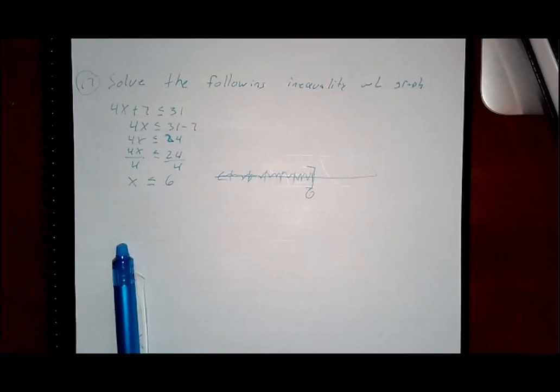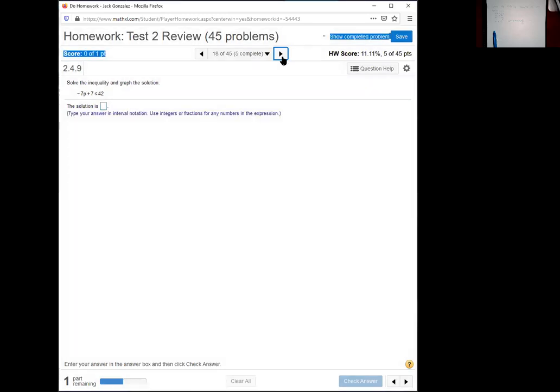Okay. Is there any questions on number 17? Okay. 18 is the same deal. Although this one, the inequality will probably flip when you divide by -7 on the second step.